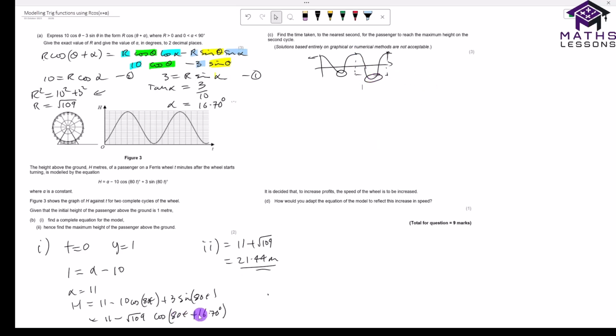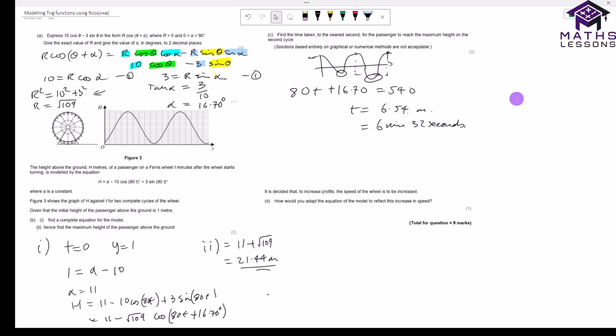So I need to solve that 80t plus 16.70 equals 540. So therefore t will equal 6.54 minutes. It says to the nearest second, so we need to write that down in minutes and seconds. So converting that into minutes and seconds will give me 6 minutes and 32 seconds. So that times by 60 to get my 32 seconds.